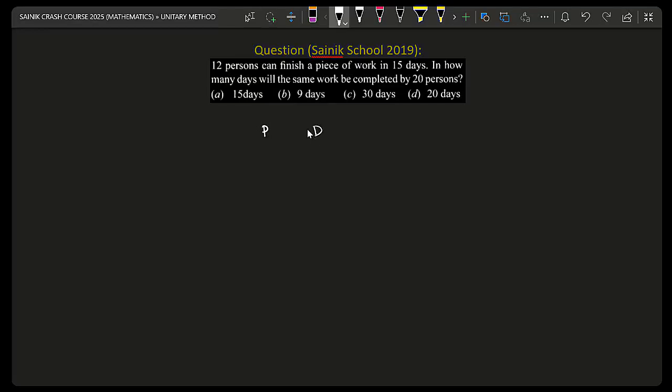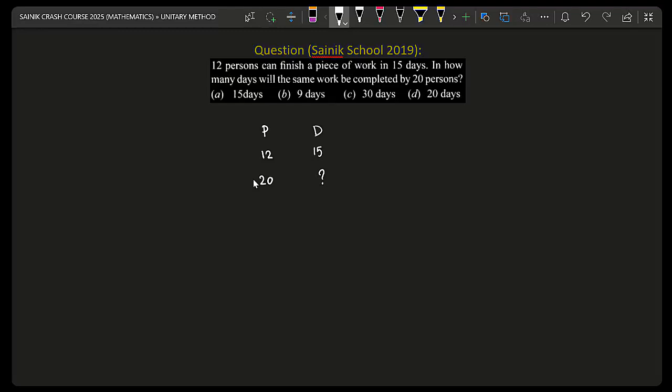So first row, how can we write? 12 persons, 15 days. The question mark is under the days column or persons column? Days. How many days will the same work be completed by 20 persons? Which method are you going to solve this? Unitary method.